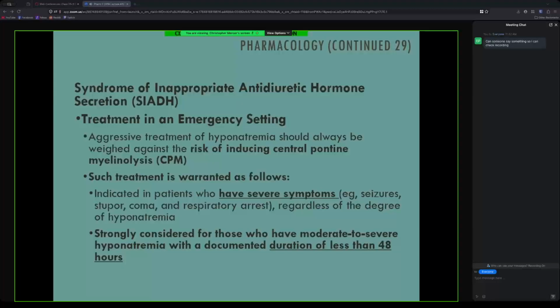But if we have those severe signs and symptoms, we're not going by the number, we're treating the symptoms, understanding the risk of CPM if we treat this hyponatremia too quickly or aggressively. So make sure you know the aggressive treatment is warranted by those two bullets there, mainly symptom driven, and the duration of the issue.